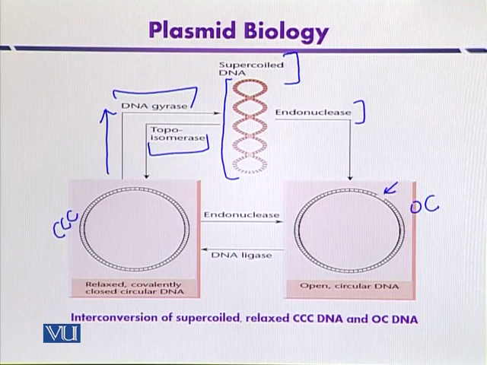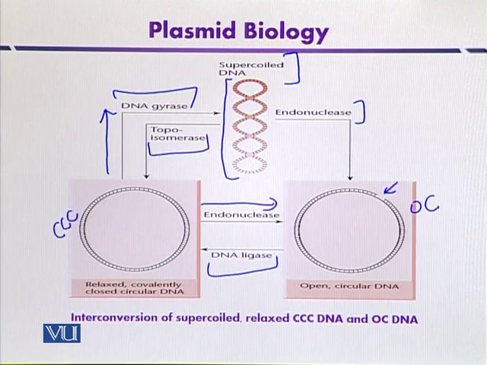OCDNA can again be converted into cccDNA if we bridge this nick with the help of DNA ligase, or cccDNA can again be converted into OCDNA if we treat it with endonuclease. So this is the enzymatic conversion of supercoiled DNA into cccDNA or OCDNA.